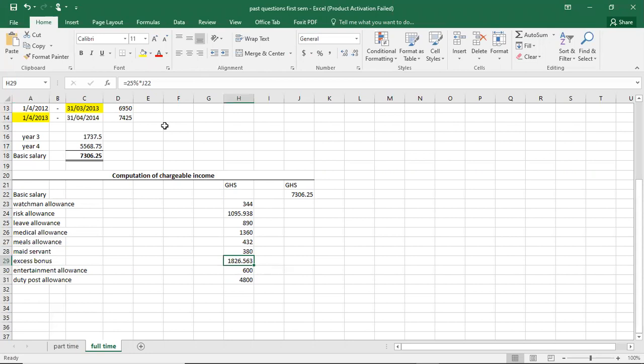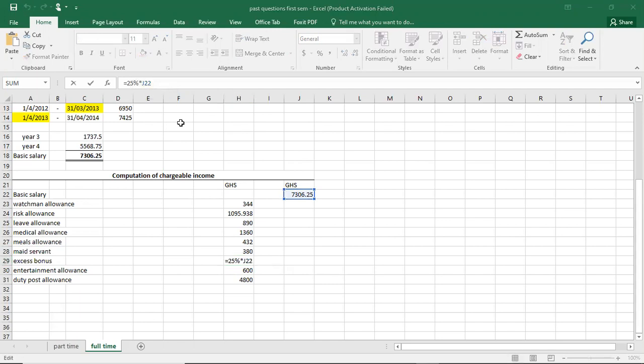So normally the workings is here. If you don't understand, you pick it over here. And I'm not doing most of the workings here. I'm doing it using the Excel formatting because I presume you are doing ICT. So if you are looking at your solution, or you are looking at this video later on, and I click here, you could see that it is 25% multiplied by J22.